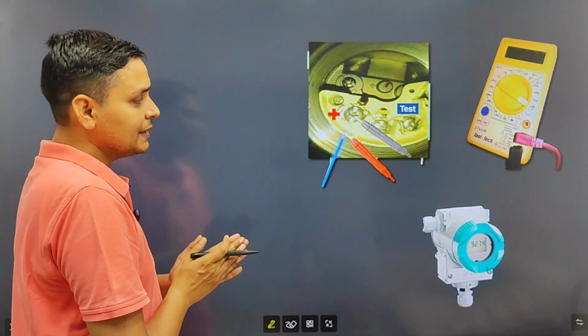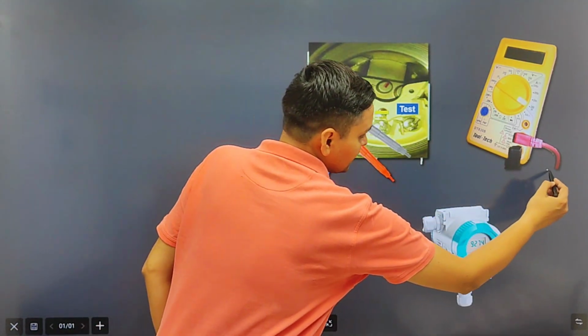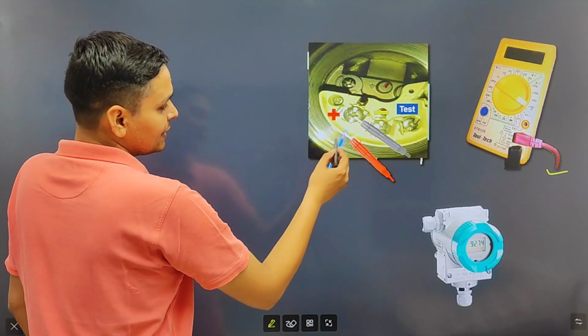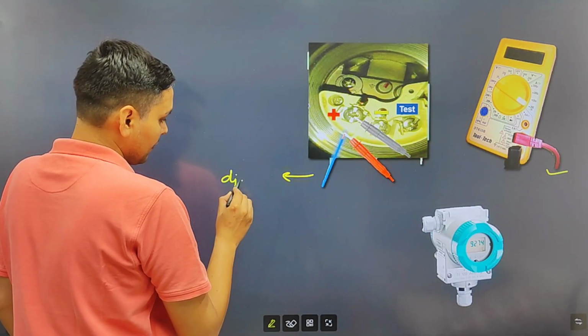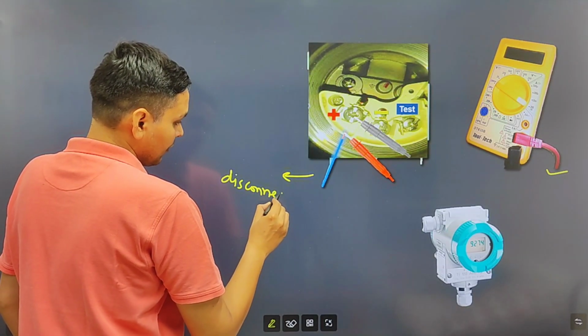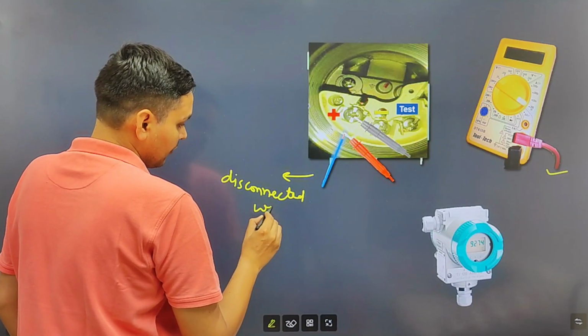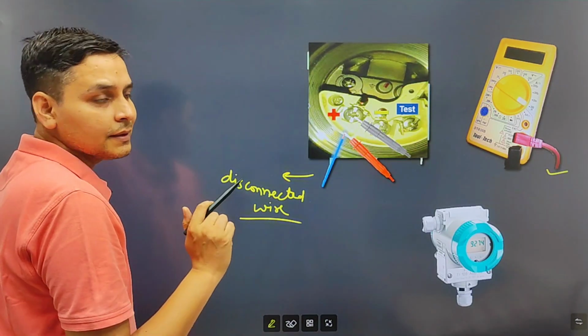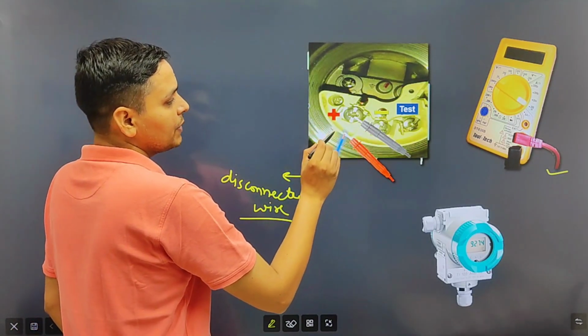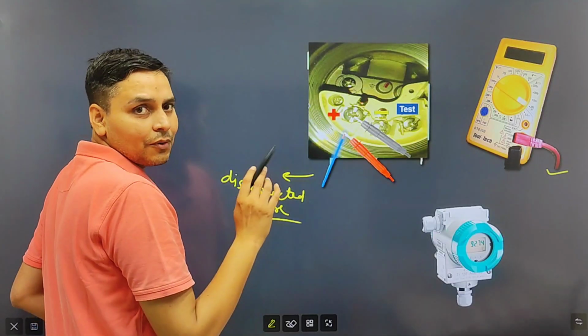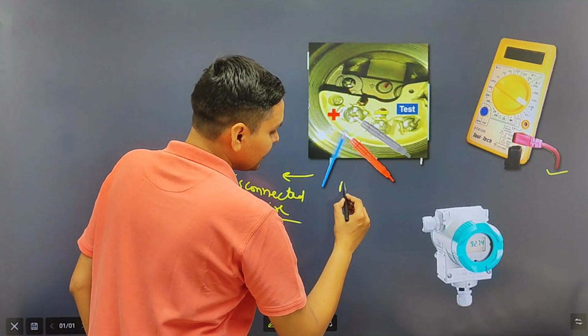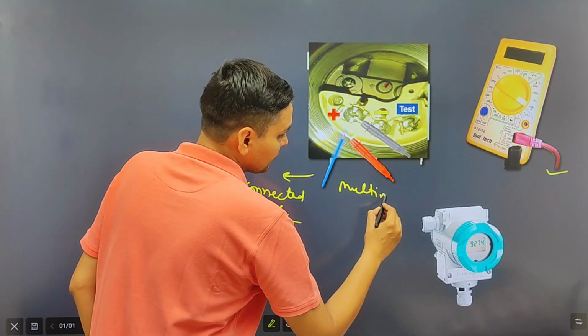Let's move further. Now after disconnecting the positive wire, we will connect the multimeter probes like this. The positive probe will be connected at the disconnected wire, and the negative or black probe will be connected at the place from where the wire was disconnected, and by this method the multimeter is connected in series.